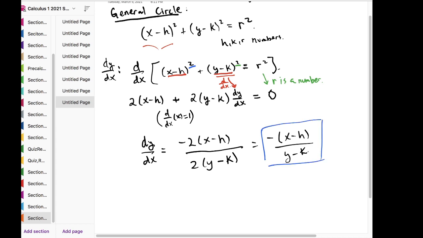What should puzzle you about this answer? Or not puzzle if you see the picture. What's missing in the derivative that you might expect to be there? Like what's missing from the general equation of a circle to the derivative? What's not there?